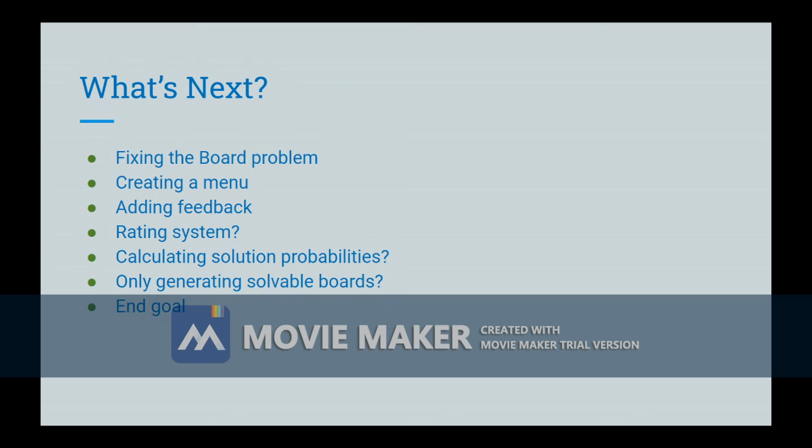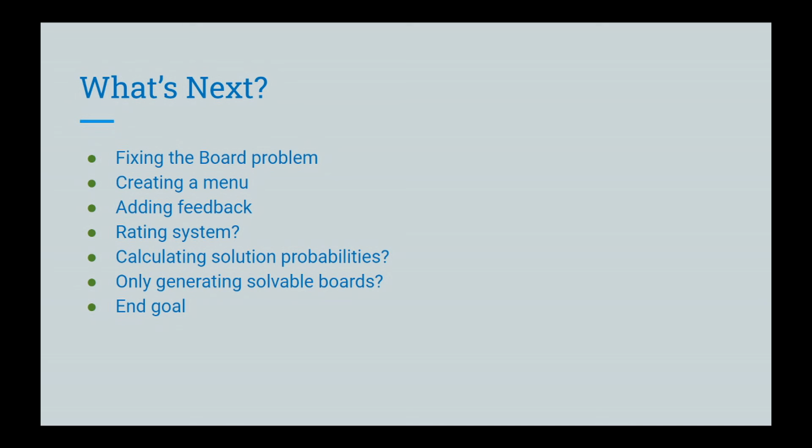I could create a system where the AI plays a board before the player even starts and counts how many times it runs into a difficult scenario. And then it will only show the player boards that ran into a difficult scenario less than 10 times or less than 5 times. Sort of a stretch goal for me, which would probably take a lot of effort, but I'm still sort of interested in doing, would be calculating solution probabilities.